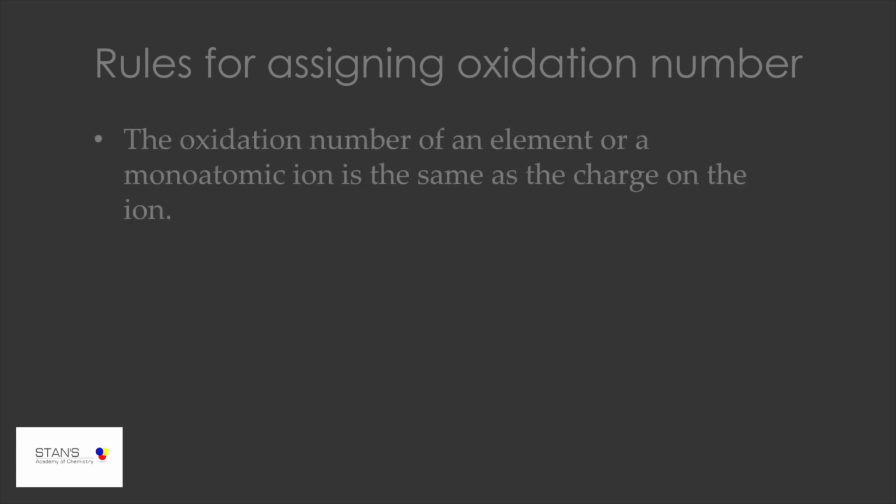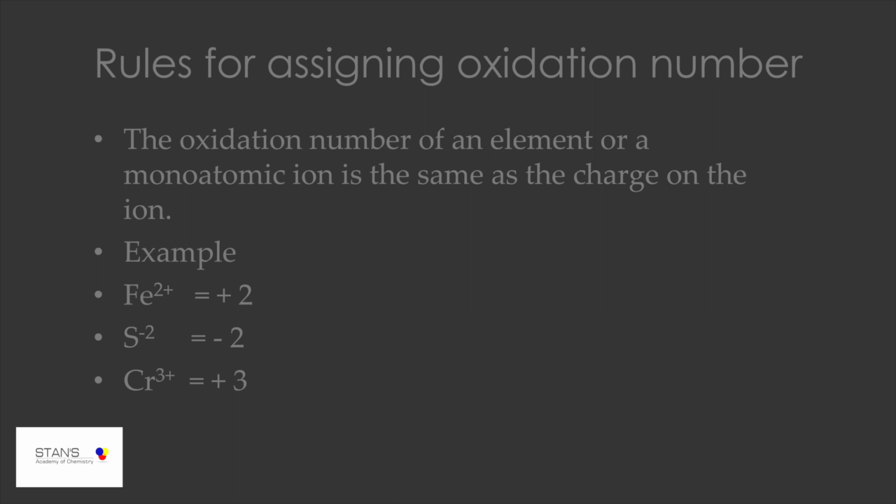The oxidation number of a monoatomic ion is the same as the charge on the ion. So if we're looking at ions, for example, Fe2+, the 2+ represents the oxidation state of that ion. Sulfur with the 2 negative charge, which is also referred to as a sulfide ion, has an oxidation number of -2.